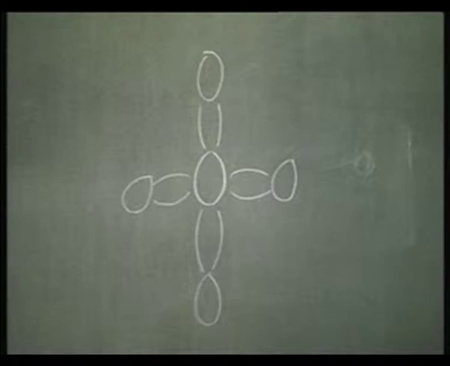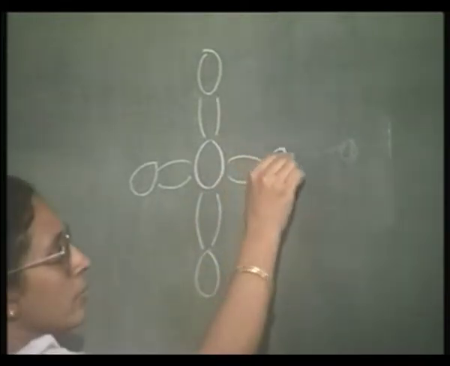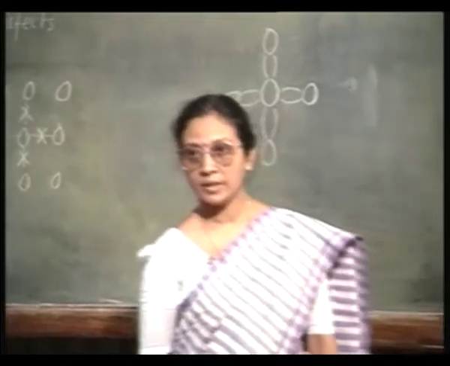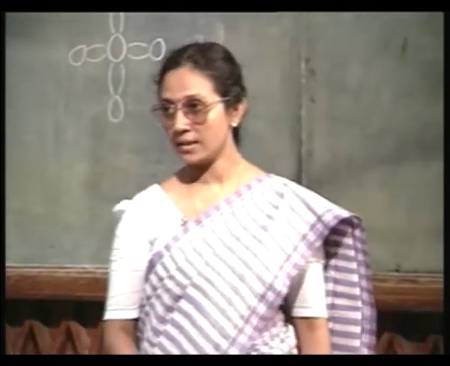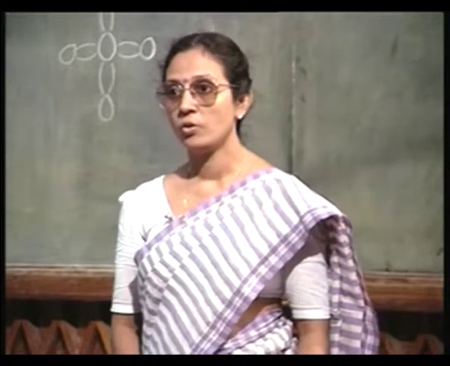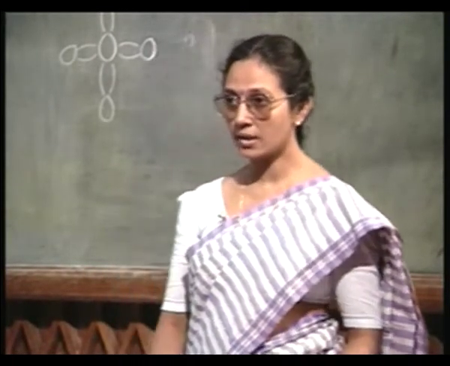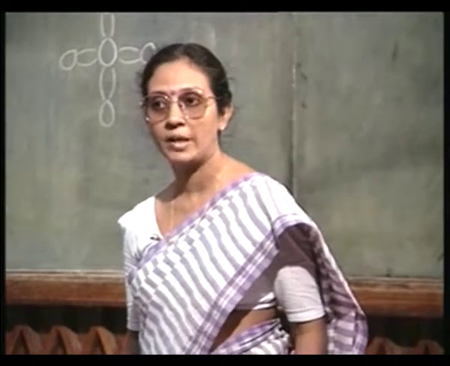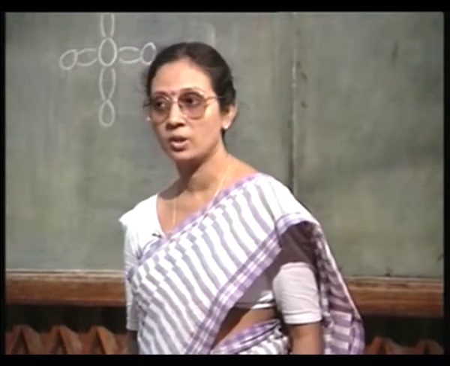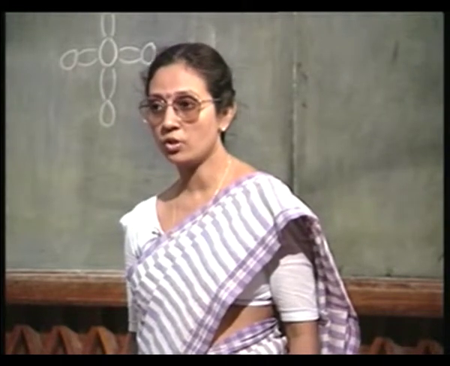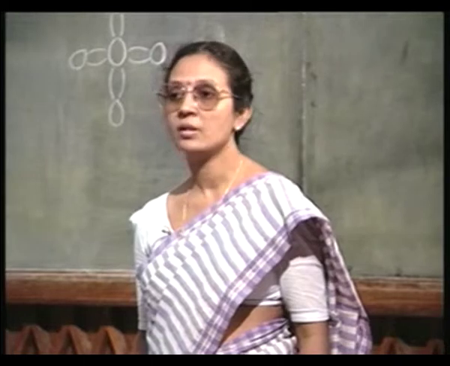And if I have a trivalent or a pentavalent atom, then I will have one hole or one excess electron. So, if I have an excess electron, as is the case of a pentavalent atom, I will have a donor. If I have a trivalent atom, then I have a loss of electron or a hole. So, then I have an acceptor.